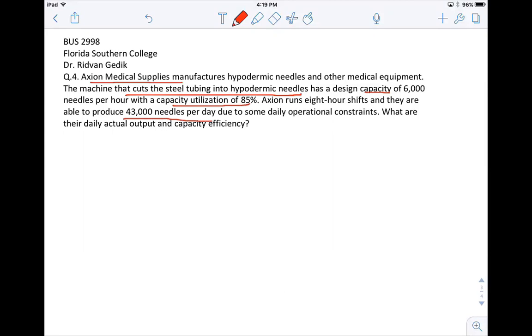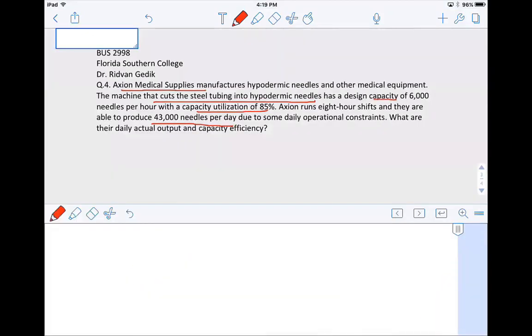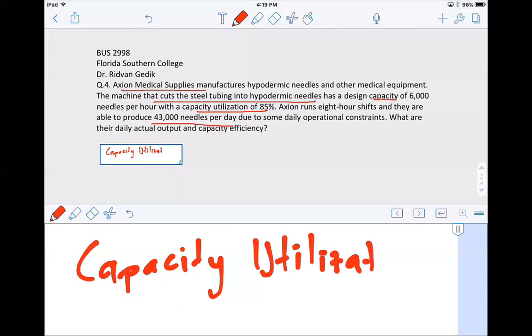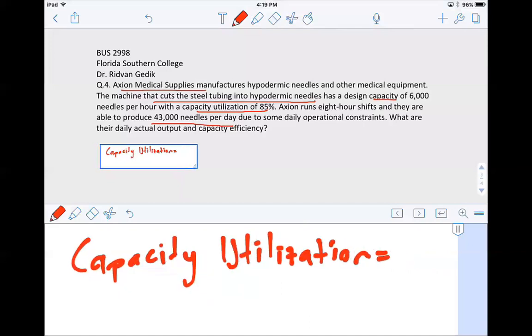There are a couple of concepts that we should remember when we deal with these kinds of questions. Number one is capacity utilization. If you remember, we have a very similar formula for this one.